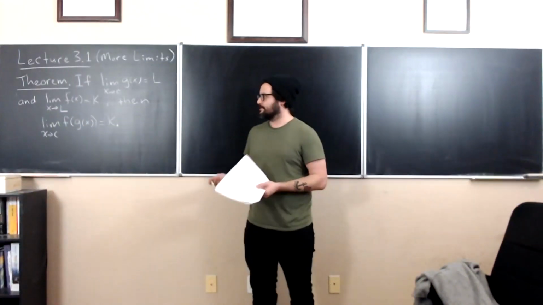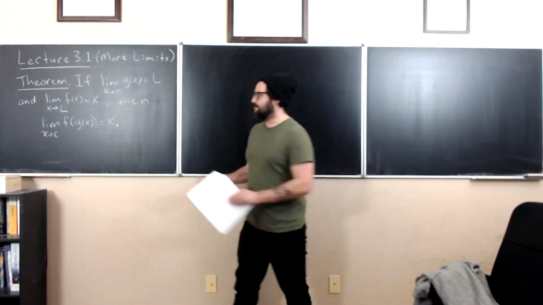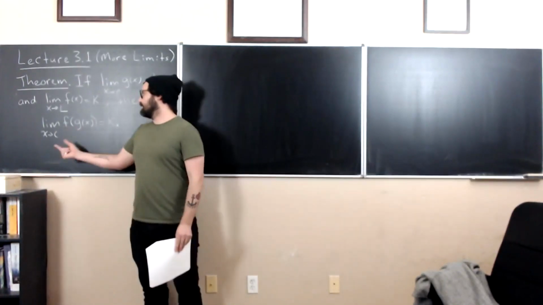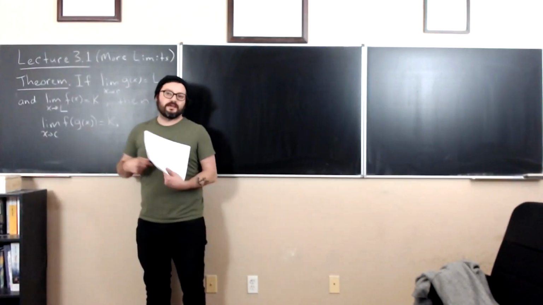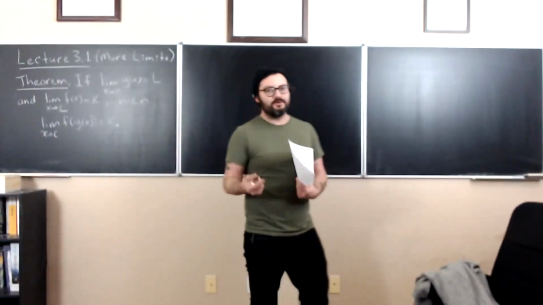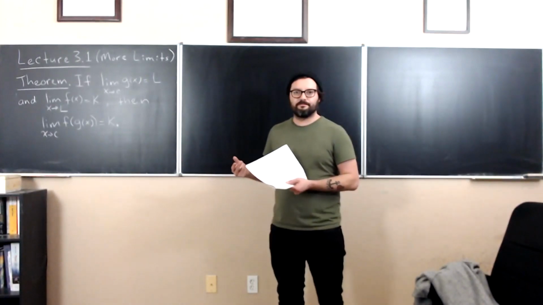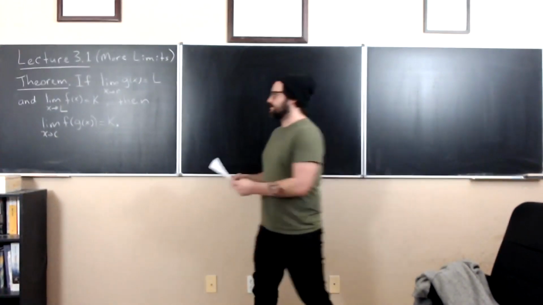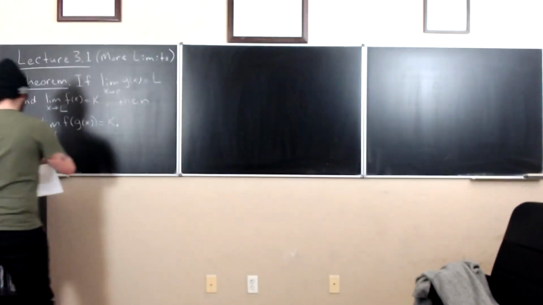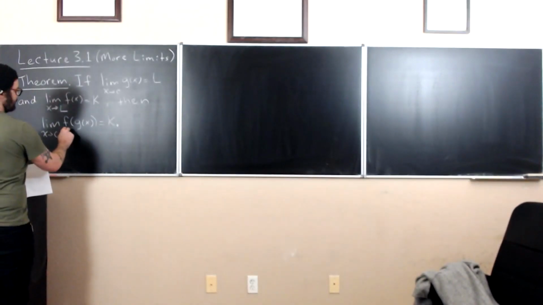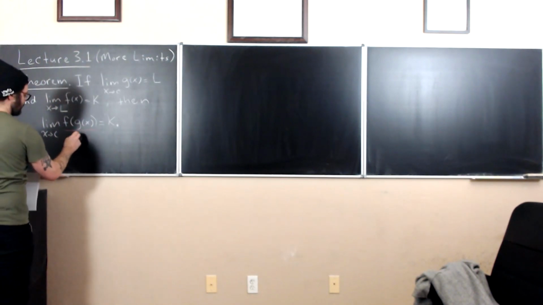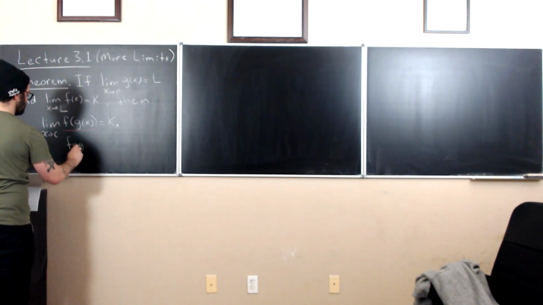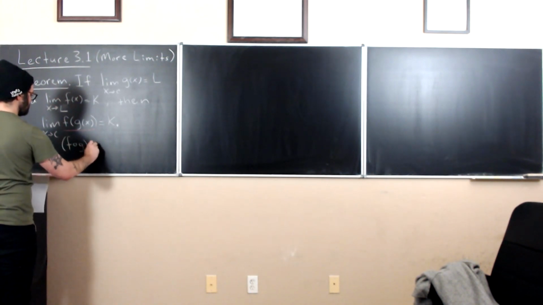So this is a theorem about composition of functions. Now, recall composition: you can evaluate a function at whatever numerical value you want, and that numerical value can be the output of another function. This business right here is the composition, which some of you might remember from college algebra or pre-calc as f composed with g, using that notation.